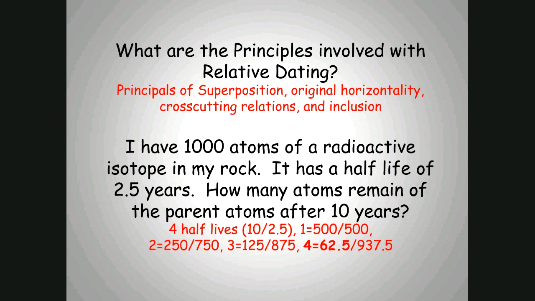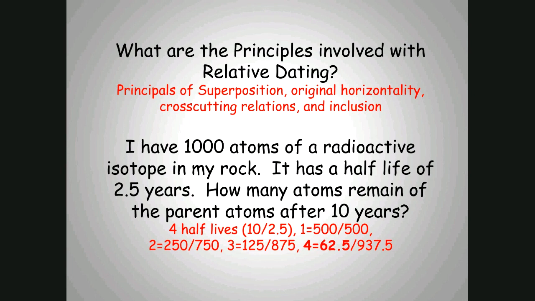Well, after the first half-life, you've got 500 and 500. Half of them have turned, right? After the second half-life, half of those 500 turn. You now only have 250. After the third half-life, half of those 250 have turned. You now have 125.